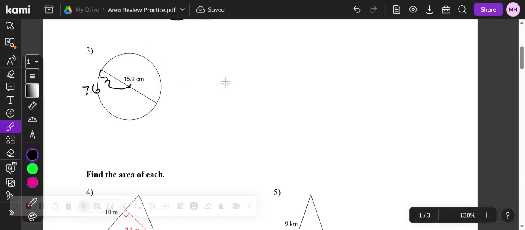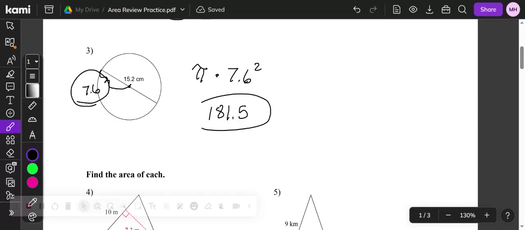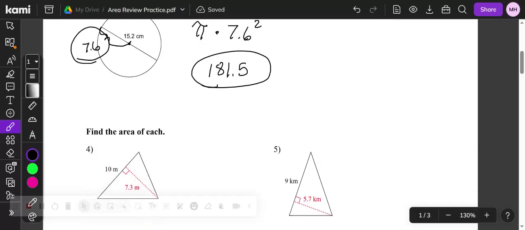So pi times 7.6 squared comes out to 181.45, so we would say 181.5, and again 3.14 will give you a slightly different answer.